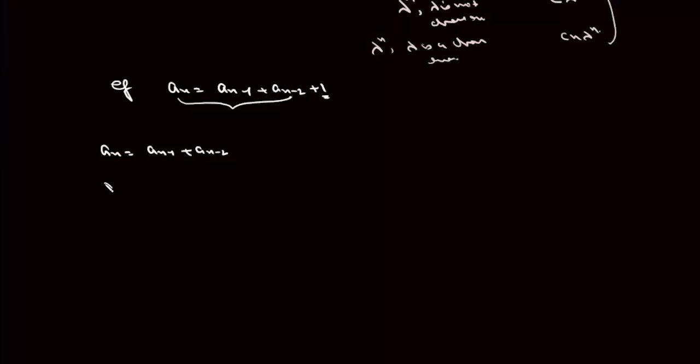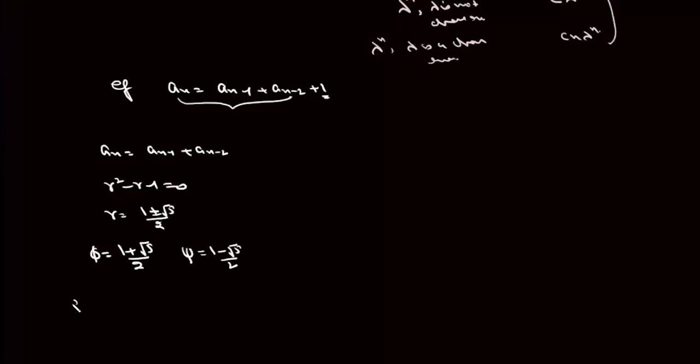So it'll be r squared minus r minus 1 equals 0, or r is (1 plus minus root 5) by 2. Now we know that this (1 plus root 5) by 2 is your golden ratio, and its conjugate is, say, psi, (1 minus root 5) by 2.